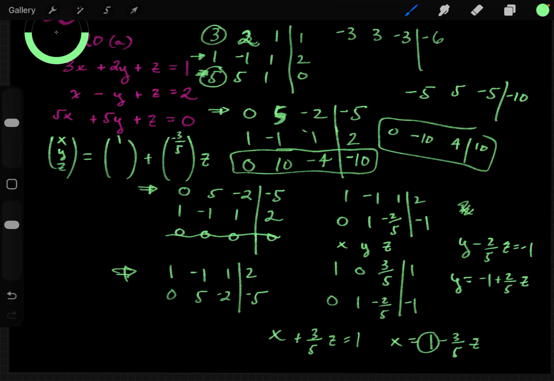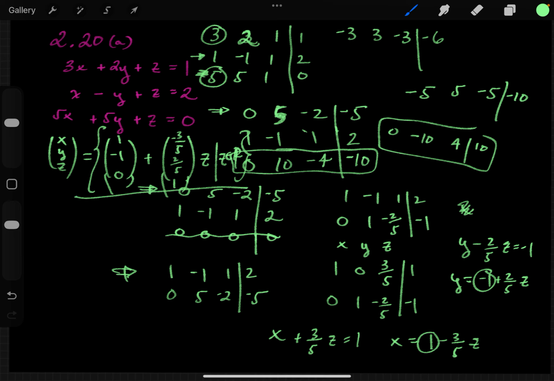And then for y, the constant part is negative 1 from here, and then 2/5 of a z. And then finally, there's no constant part for the z, and there's a 1 for the z, such that z is contained in R is your entire solution set, this here. And then you're done.